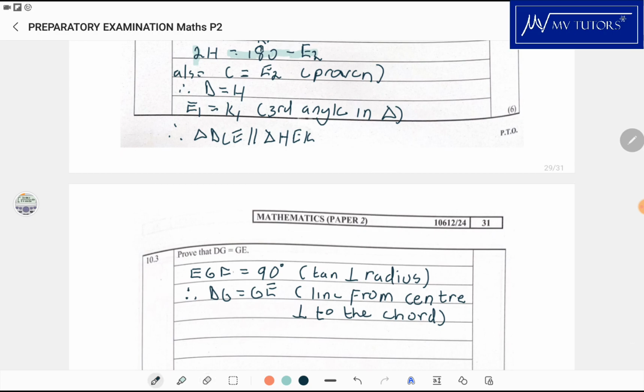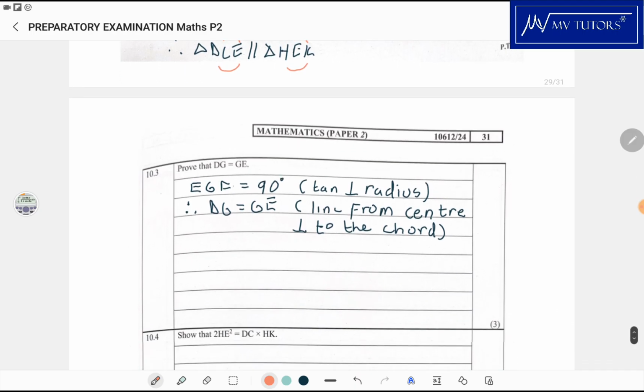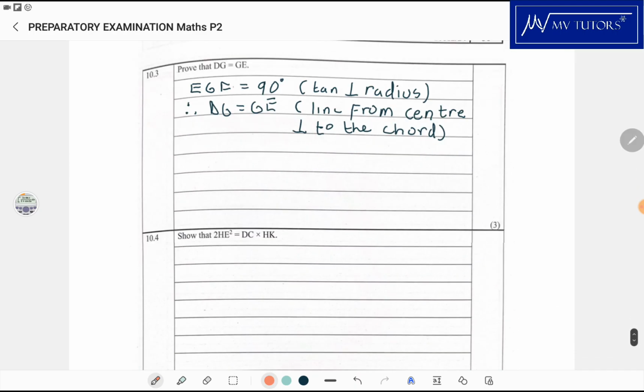So I do what I call a frog face, where you have to show that DC over HE is equal to CE over EK, which is equal to CE over HK. Kind of looks like a frog, doesn't it? Well, if it's drawn properly, it does.